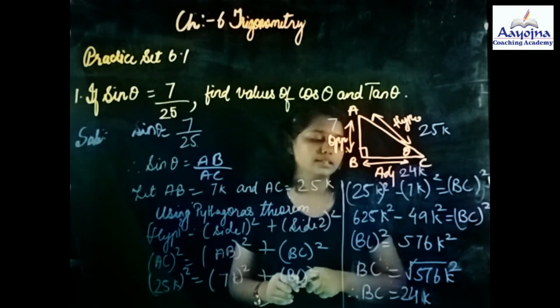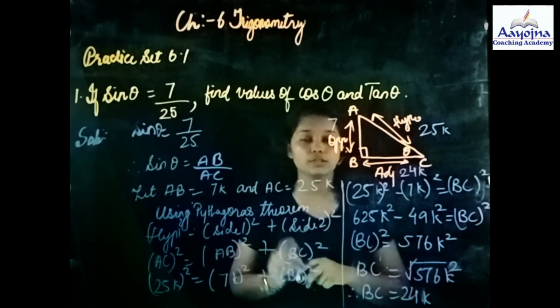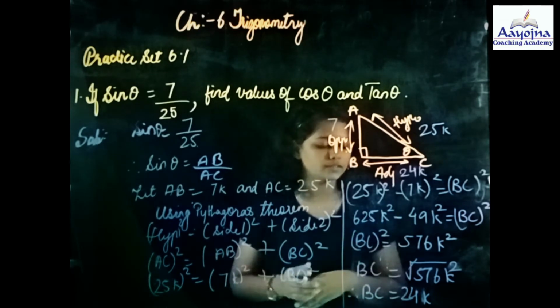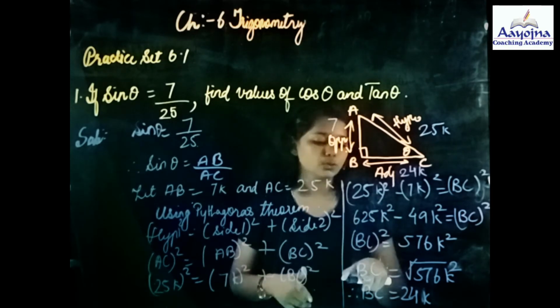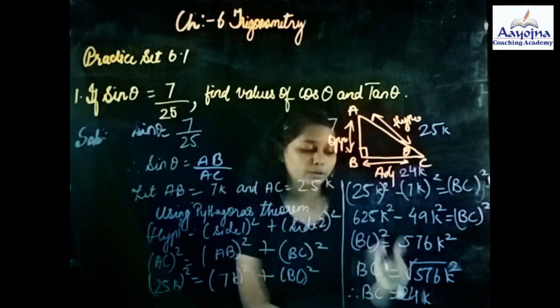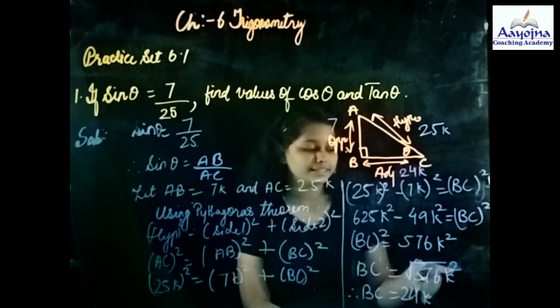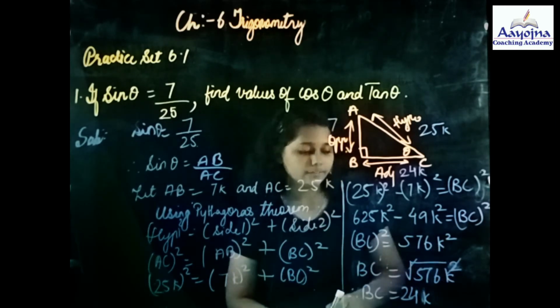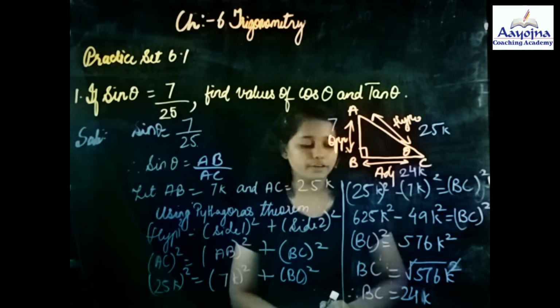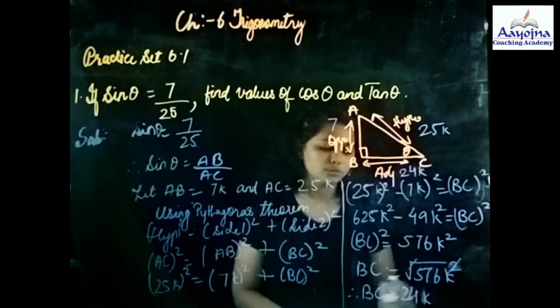Therefore BC square is equal to 576K square, because 625 minus 49 is 576. We want BC, we don't want BC square, so we will take the root: BC is equal to under root 576K square. Now this root and this square cancel. Now 24 into 24 is 576, so it becomes 24K.